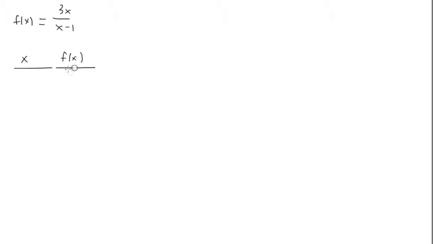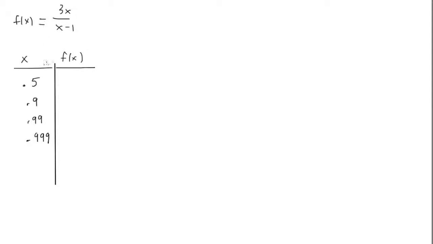Let's first pick some x's that get really close to 1, and so we'll do something like 0.5, 0.9, 0.99, and just to really drive the point home, we'll do 0.999.